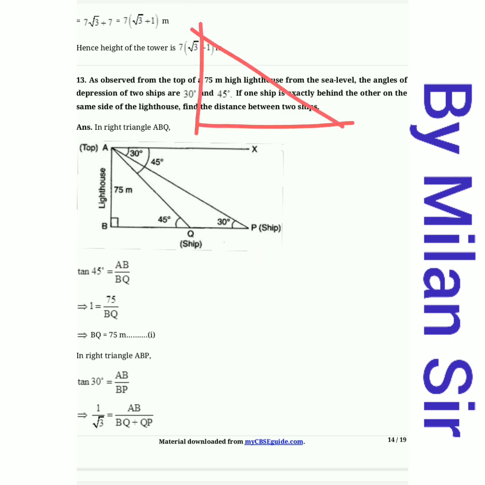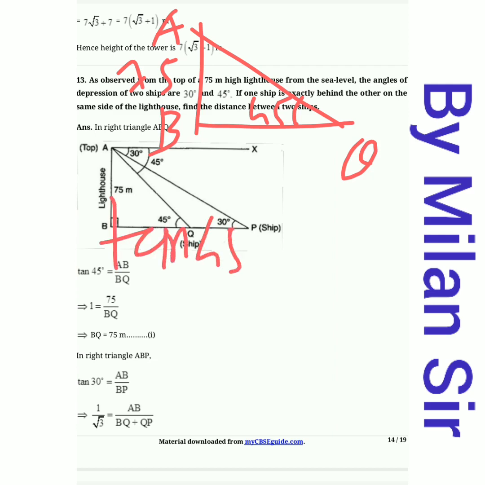It is ABQ. Here 45 degrees, here 75 meters, right? Opposite side is given. We need to find the adjacent side. So we can use tan. So tan 45 is opposite side AB upon adjacent side BQ.